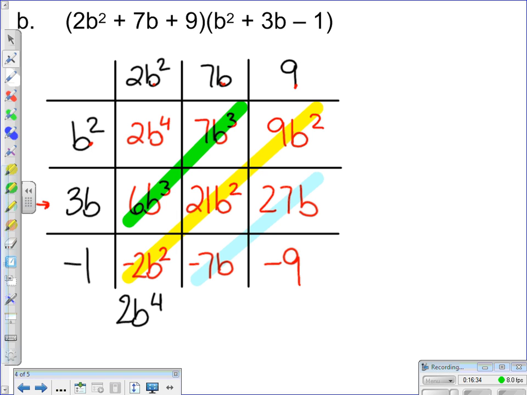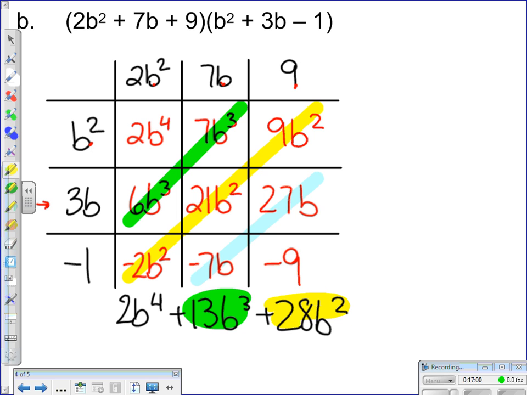The second answer is in green. The 6b cubed and the 7b cubed make 13b cubed. That's the green part. And then in yellow, 9b squared, 21. 9 and 21 make 30. Minus 2 is 28b squared. That's the middle.